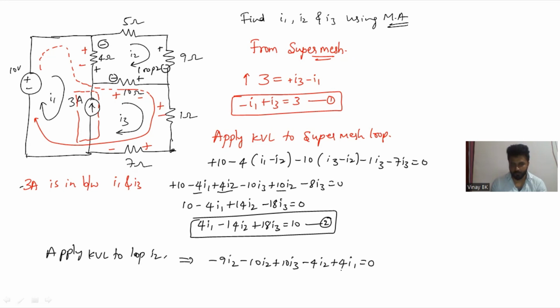I1: you can observe only one I1, that is 4 I1. I2: you can see minus 9 minus 10 minus 4, so 19, 4 more is 23, minus 23 I2.